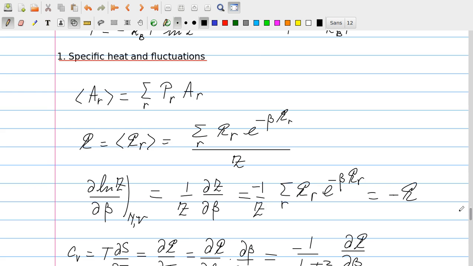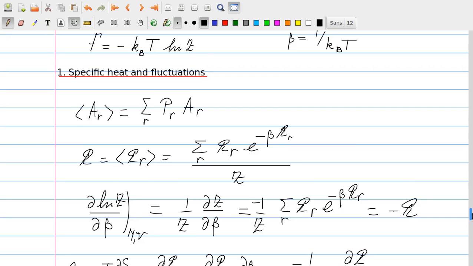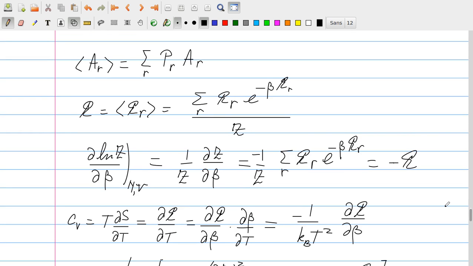And now let's calculate something weird, the derivative of the logarithm of Z with respect to beta. And let me put here again that Z is the sum over r of e to the power minus beta E_r.